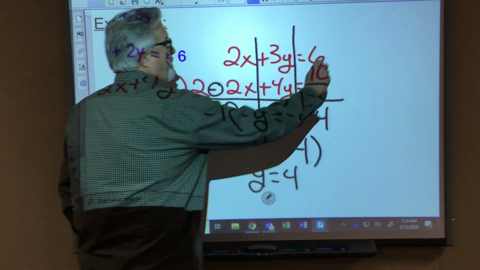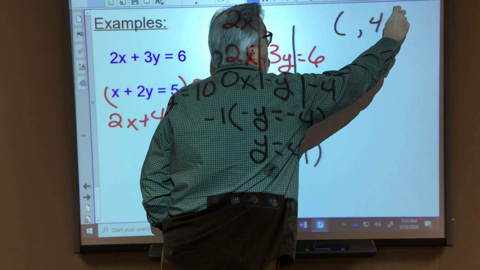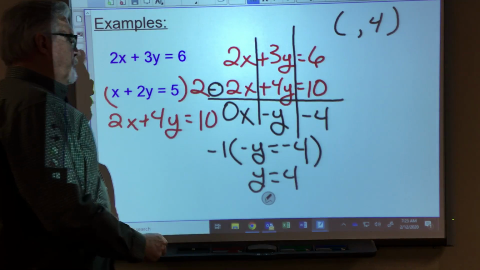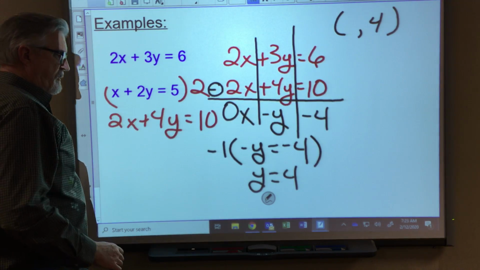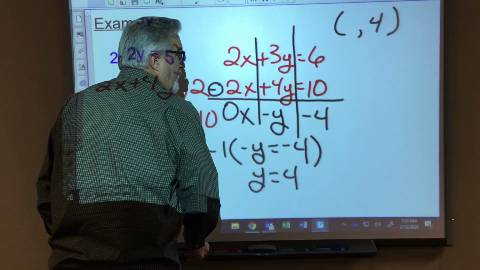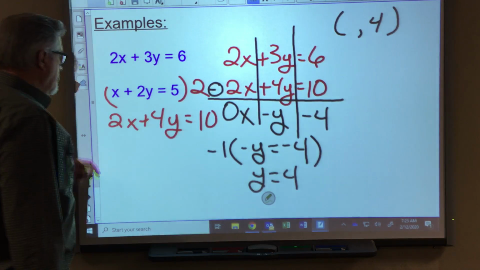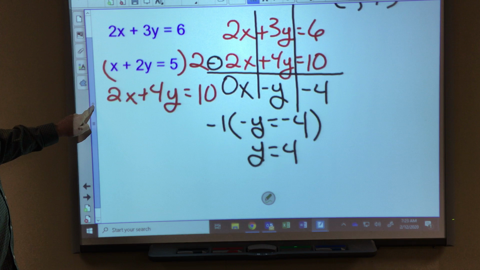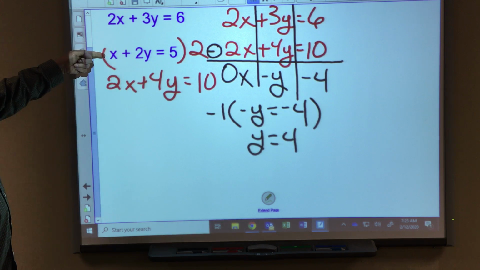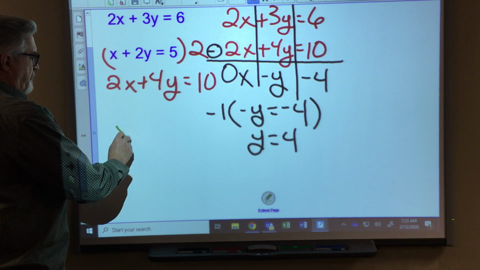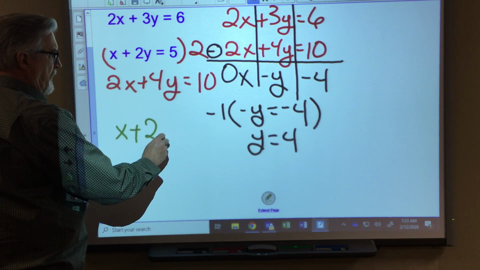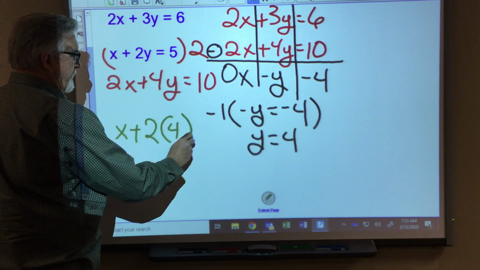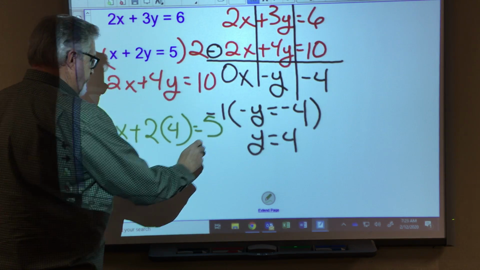So now that we know that y is equal to 4, we can plug that into either one of these other equations and solve for x. Let's plug it into this bottom original equation, which is the easiest one to solve. It would be x plus 2y, which would be 2 times 4, is equal to 5.